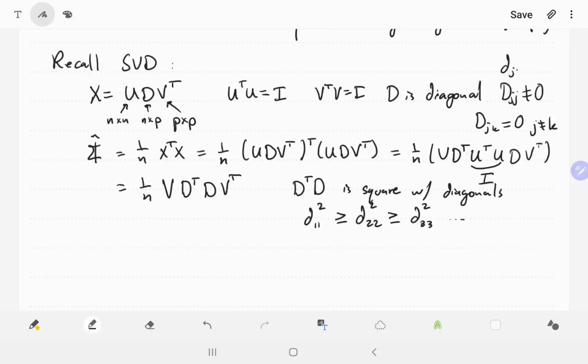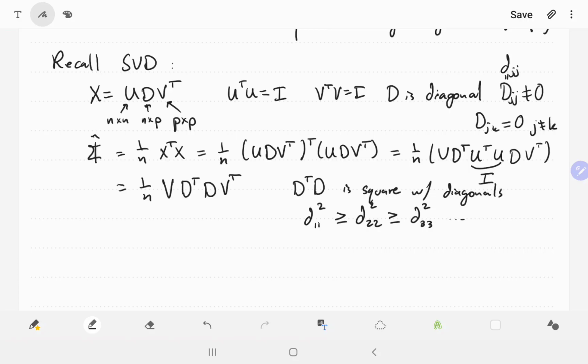I like to use lowercase for scalars, so d_JJ is equal to capital D_JJ in this case. What I did here is I just ordered them from largest to smallest. And we've seen this with ordinary least squares before, where we can, without loss of generality, order these eigenvectors. All we have to do is think about rearranging our spectral decomposition.